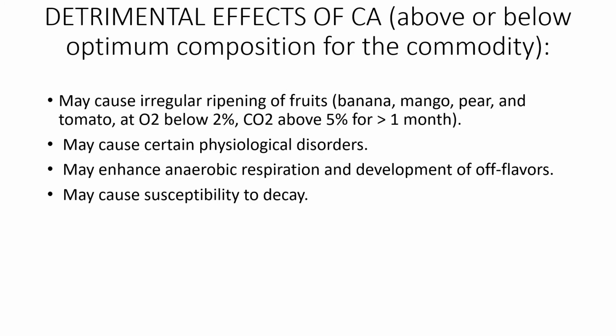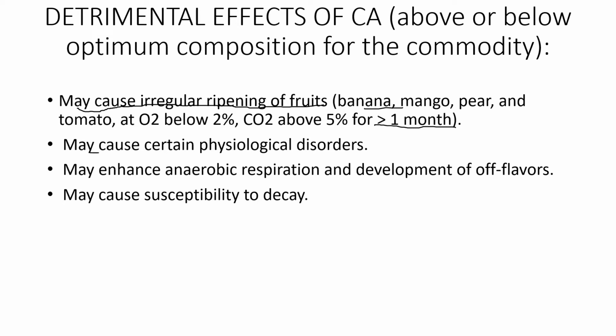Some of the detrimental effects of CA can be that it may cause irregular ripening of foods, which can be observed in banana, mango, pear, and tomatoes. And oxygen level below 2% and CO2 above 5% for more than a month may cause irregular ripening of foods.